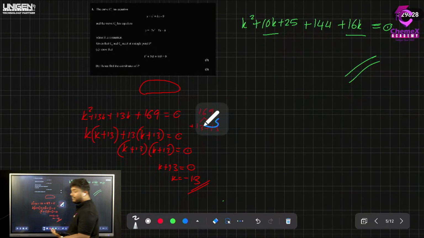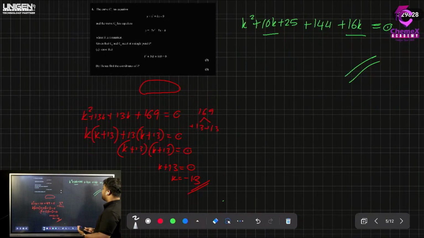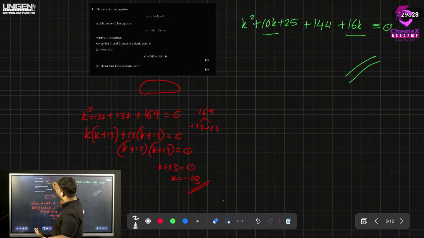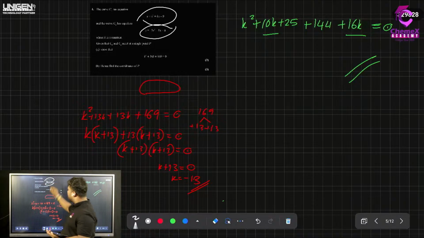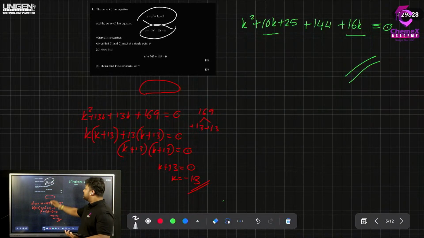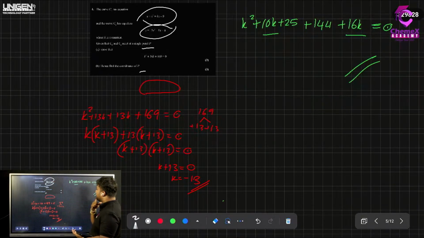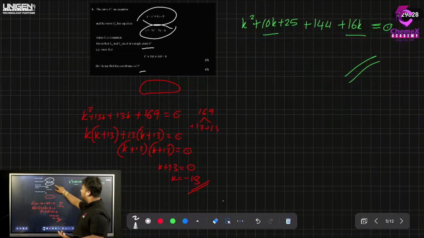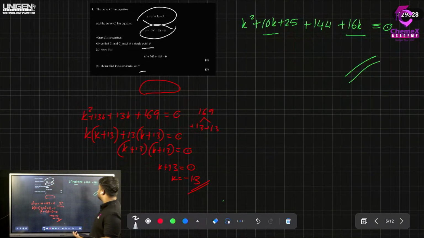Since you found the k value, what can you do? You can substitute the k in the equation formed from both of these, because P is the coordinate where both meet. So we found the equation after equating the two. What was the equation?